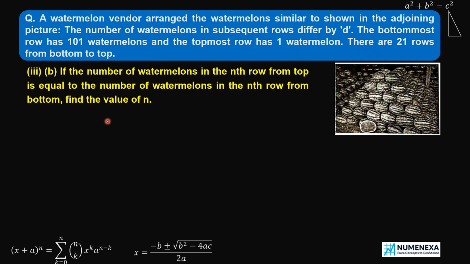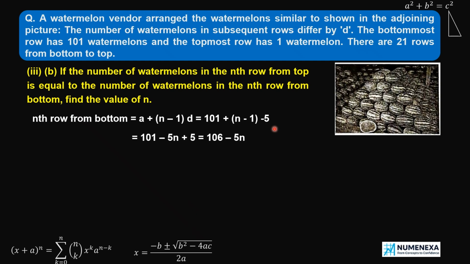So let us consider the nth row from bottom. The formula will be the same, a + (n - 1)d. Since we are considering from the bottom, your first term will be 101 and your d will be minus 5. On simplification, we get the nth row from bottom as 106 minus 5n.